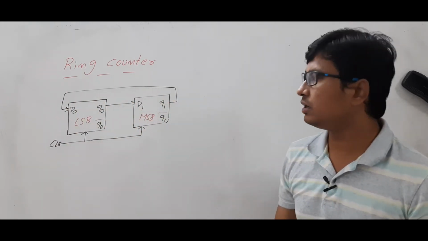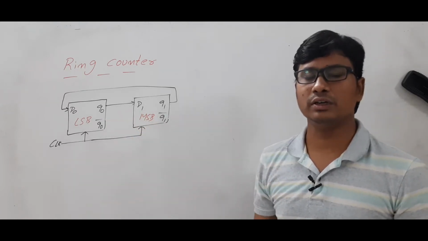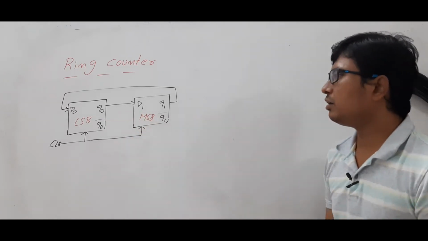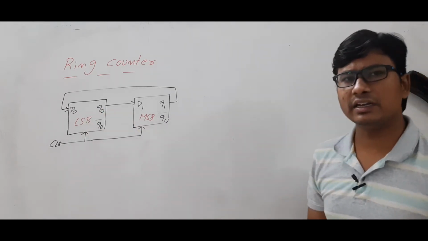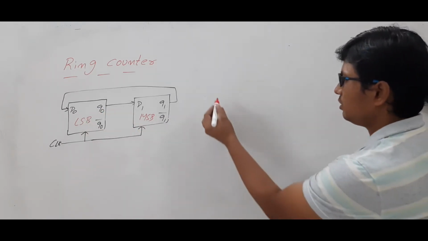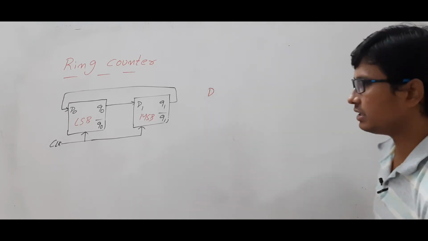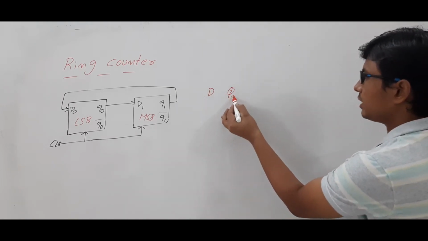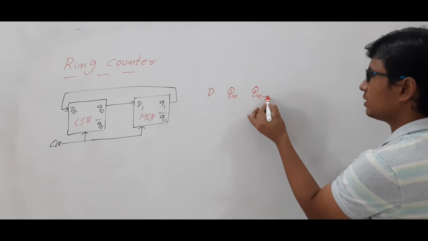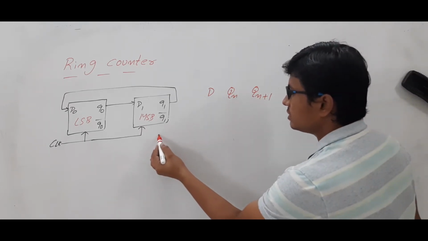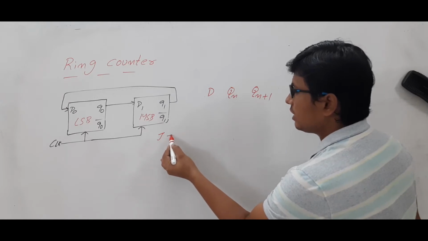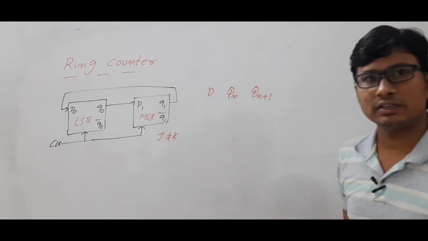Now we will check how this ring counter will work. They have given that it is a D flip-flop. What is the characteristic table of a D flip-flop? You have D, Qn, and Qn plus 1. Now, what is the D flip-flop? When J and K are not equal, we call it a D flip-flop.